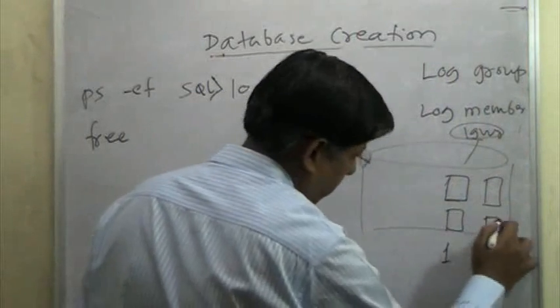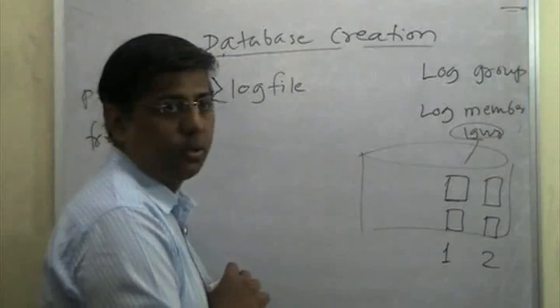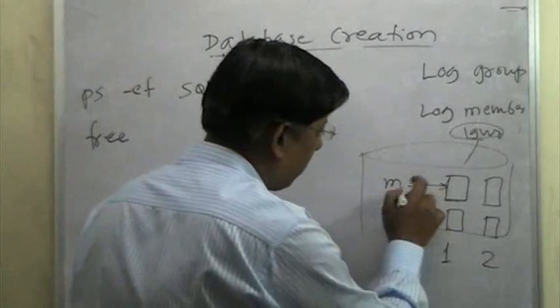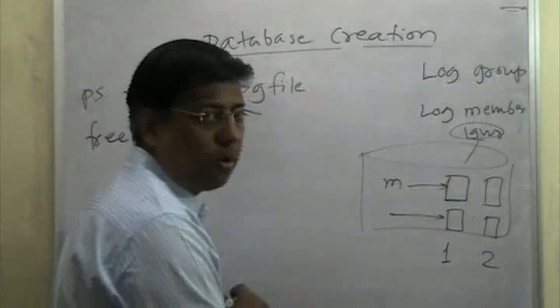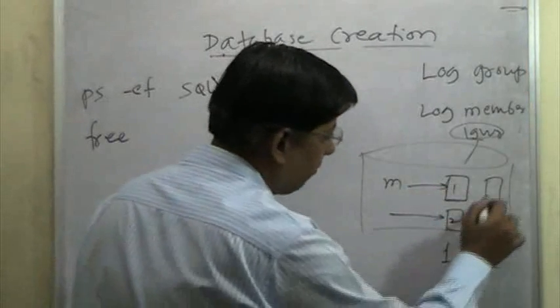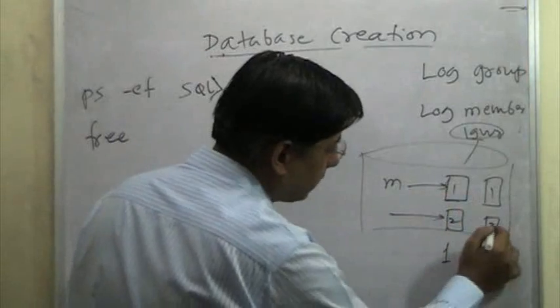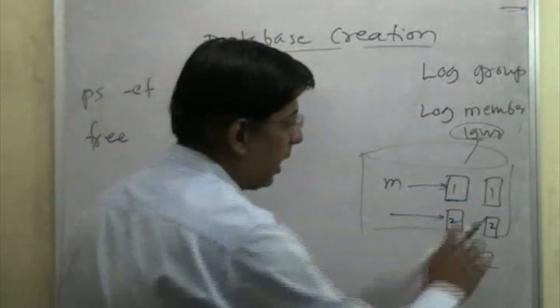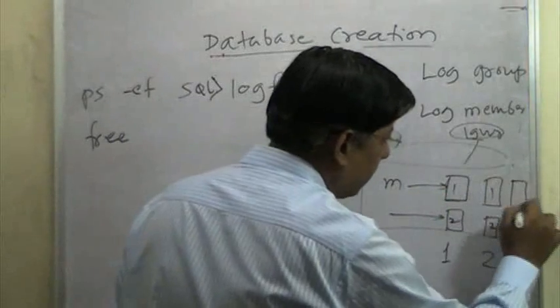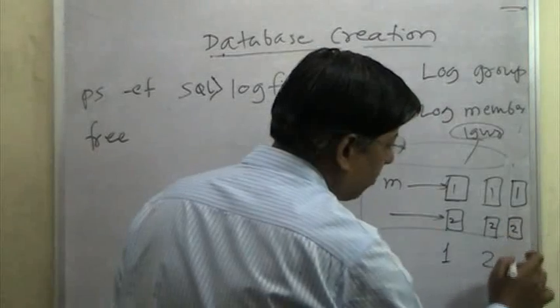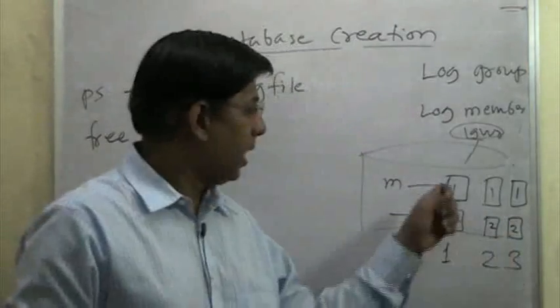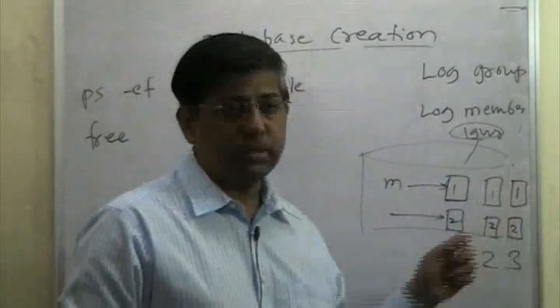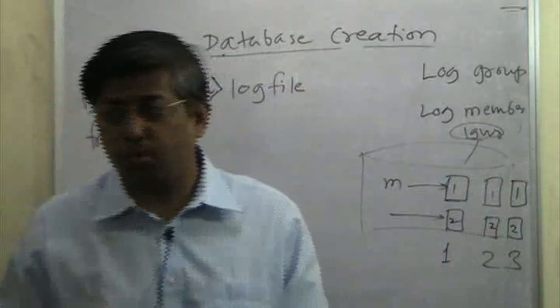Because if you do the multiplexing, then it is called a group. So this will be the first member of log group 1, this will be the second member of log group 1, this will be the first member of log group 2 and second member of log group 2. And if you decide to have one more log group, then again the first member and again the second member of log group 3. So 1, 2, 3 are the log groups, and 1, 2, 1, 2, 1, 2 are the log members within that log group.